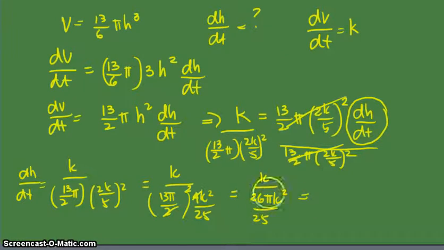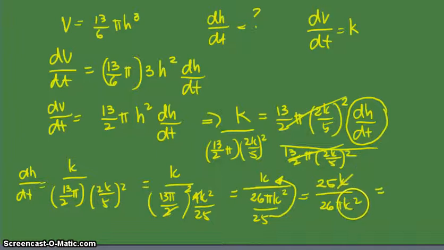So note that in fractions, this is like putting this up here, or you multiply or divide the fractions properly. So you have 25k over 26 pi k squared. And finally, just take away the k because you have k over k squared. Take away one k in the denominator, so you have 25 over 26 pi k.